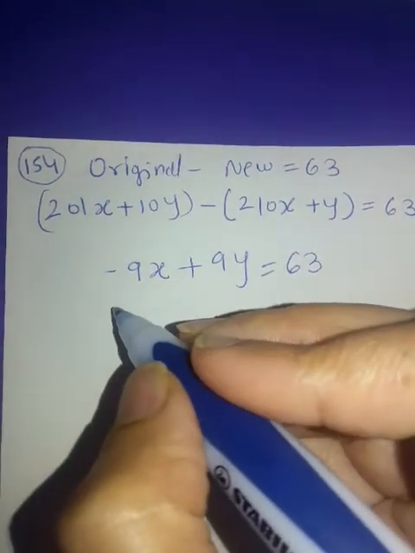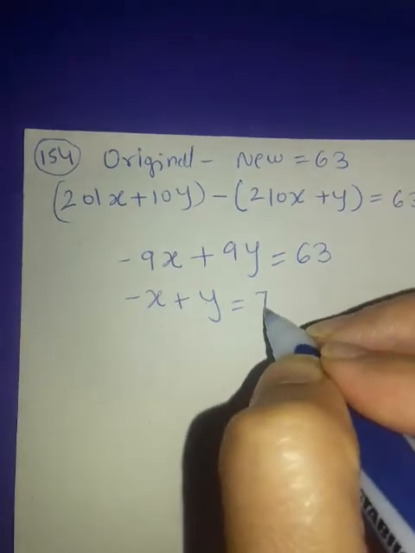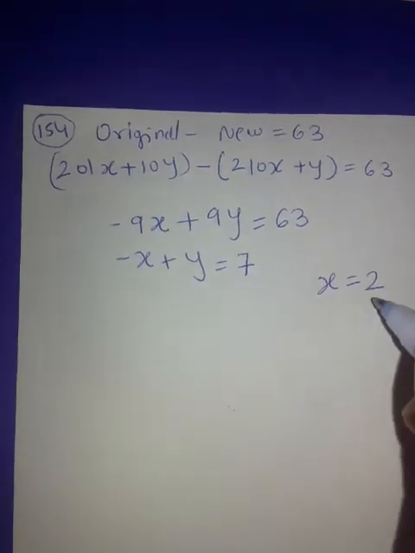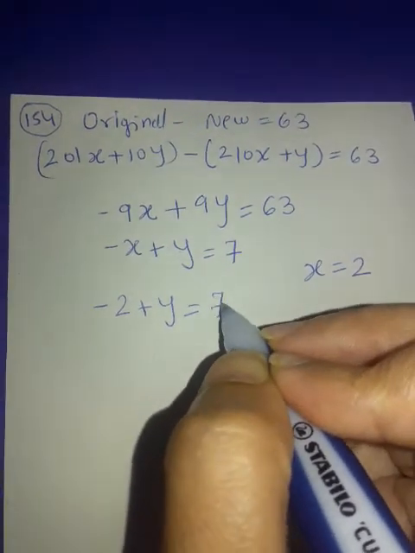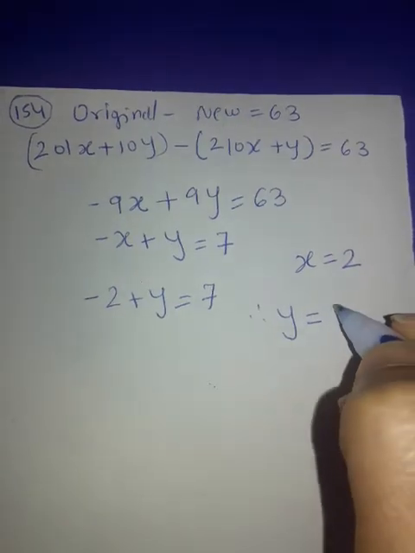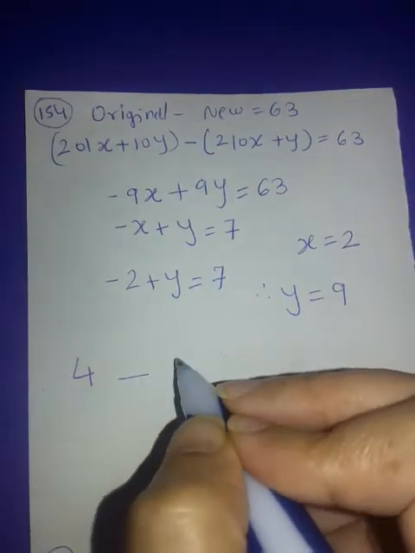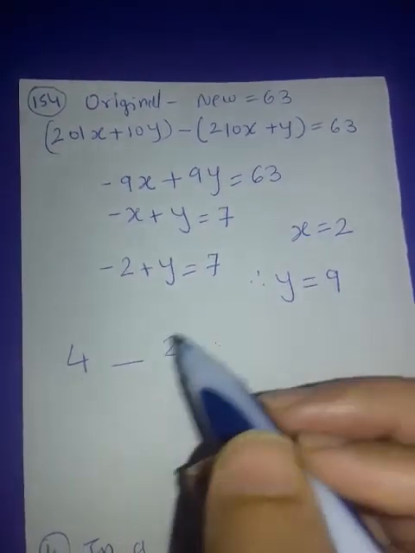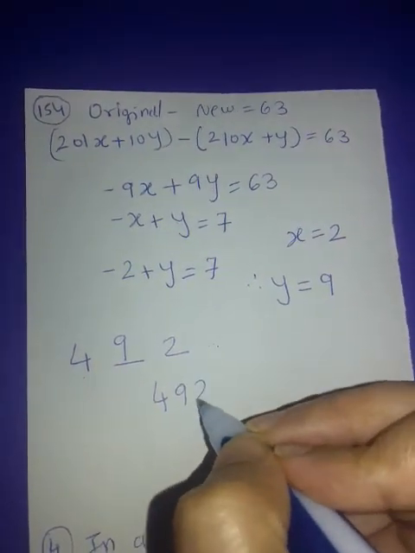If I take 9 as common factor, it will be minus x plus y is equal to 7. Now x I already have. What is x? 2. I already found it. So minus 2 plus y is equal to 7. So what will be y? Take 2 here, minus 2 here. So y will be 9. So what is your number? We already found 4 and 2. Y was missing, and that also we now found. So your answer is 492.